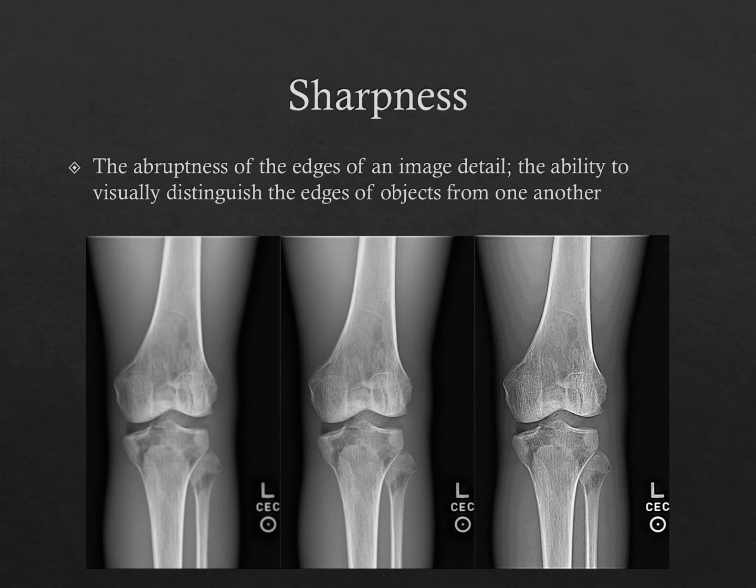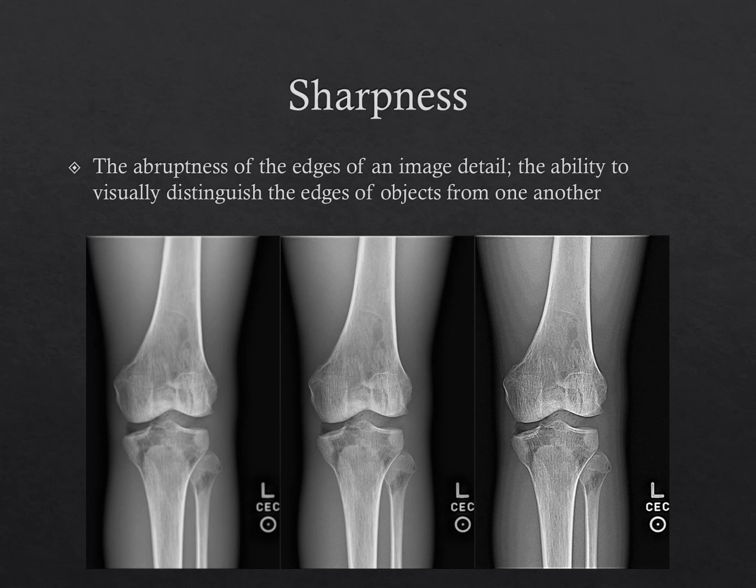In the image on the left, it just looks blurrier. It's a softer looking image. I still can see some of the trabecular patterns, but definitely not as abrupt as I can see them in the center image. So I would say that the image on the left is not as sharp as the center image.